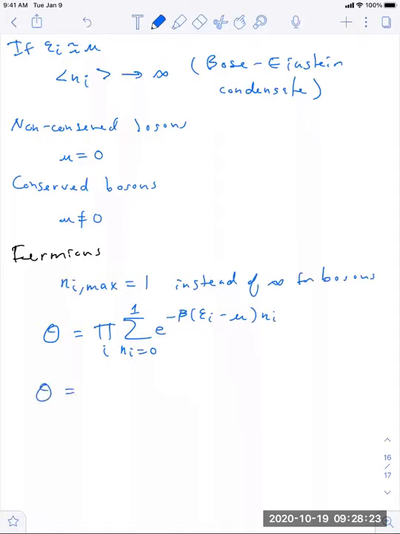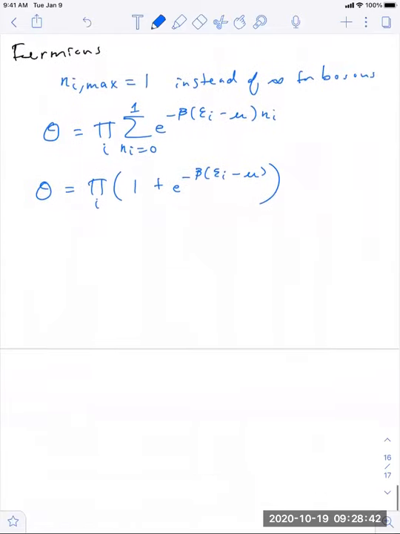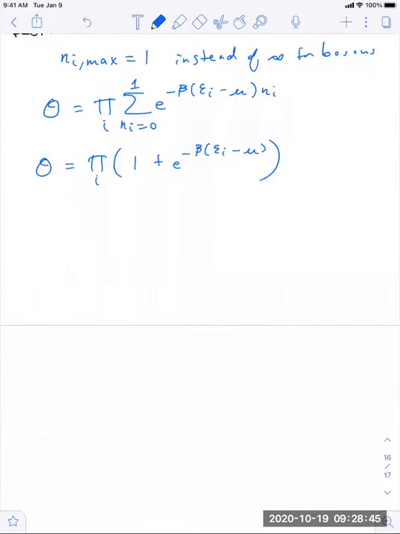I can actually just evaluate this sum. So at n_i equals 0, this just goes to 1. Then at n_i equals 1, this just goes here. So now I'm just plugging in the values for that sum at occupation of 0 or occupation of 1.